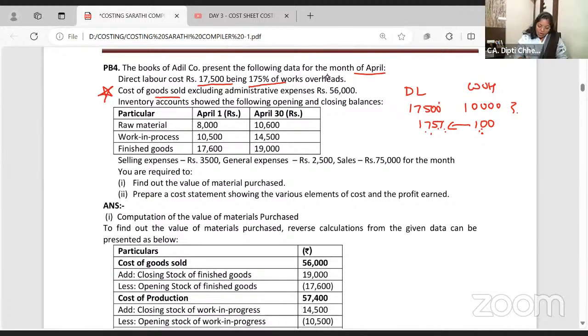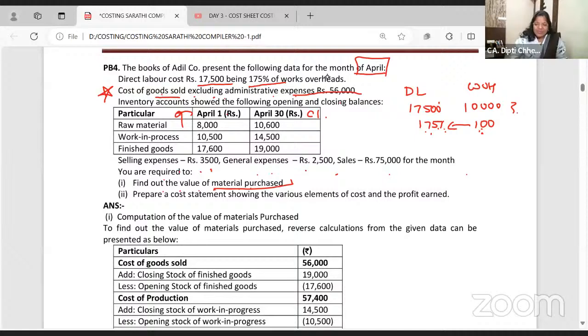Chalo. Cost of the goods sold excluding administrative expenses is 56,000. Inventory details are given. 1st April is opening. All this. This is closing. Selling expenses are given. General expenses are given. Sales is given. You are required to find out the value of the material purchased.